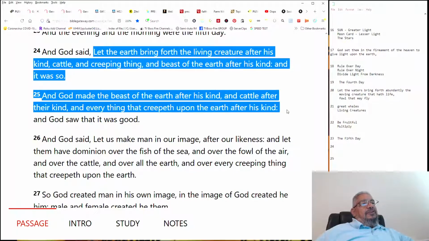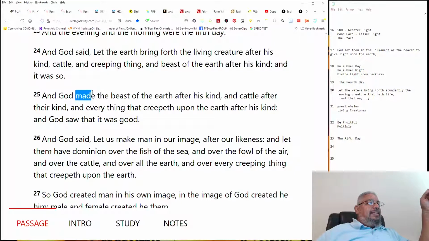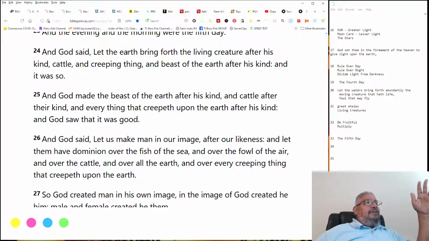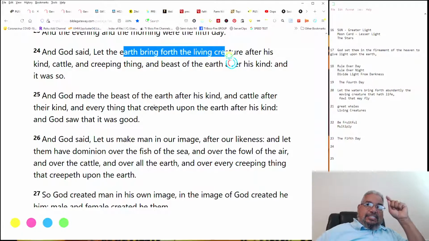So you will say, well, he's saying that he's making them, which is another word also in Hebrew, and then here he's also saying that the earth bring forth. But the assumption is that the two things are regarding the same exact animals. That's the assumption that you guys make. I'm not making that assumption.